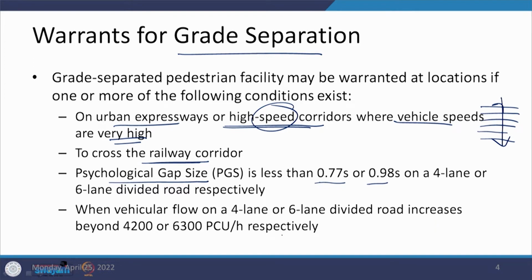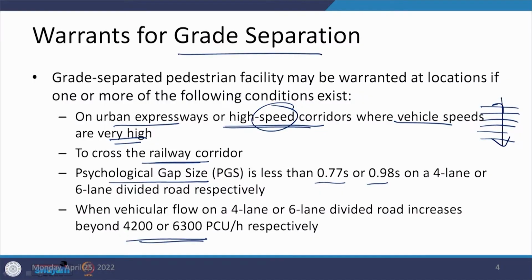This is also transformed into the vehicular flow, because it is easier to count or calculate the vehicular flow on a particular road, and it says that if it is beyond 4200 or 6300 PCUs per hour for the two categories of roads, then also we should go for a grade separated system. So, this is how we need to look at it.